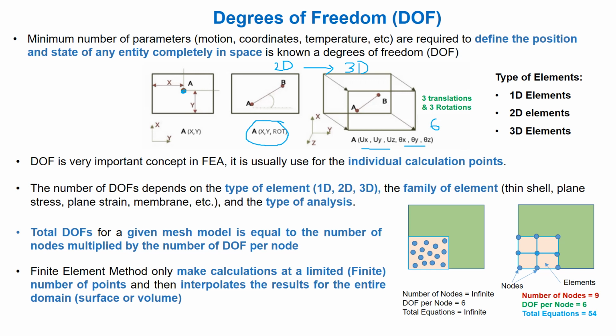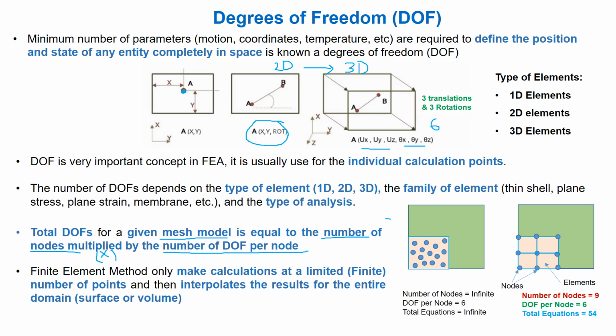The number of DOFs depends on the type of elements, 1D, 2D, 3D, the family of element, thin shell, plane stress, plane strain, membrane, etc., and the type of analysis, static or dynamic analysis. Total DOFs for a given mesh model is equal to the number of nodes multiplied by the number of DOF per node.